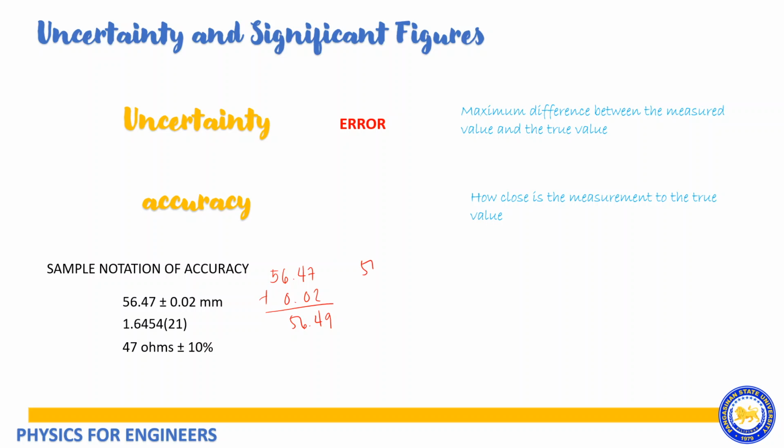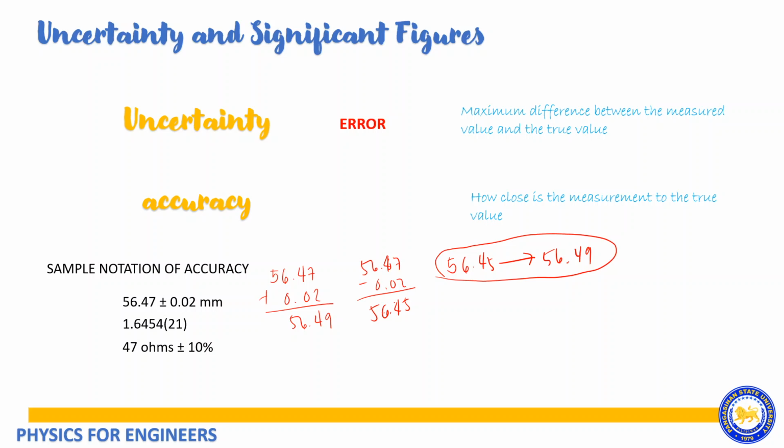Okay? Pag mag-minus naman tayo, 56.47 minus 0.02, 56.45. So, ang true value natin ay mag-range between 56.45 and 56.49. Hindi sigurado. Yan yung error niya, okay?